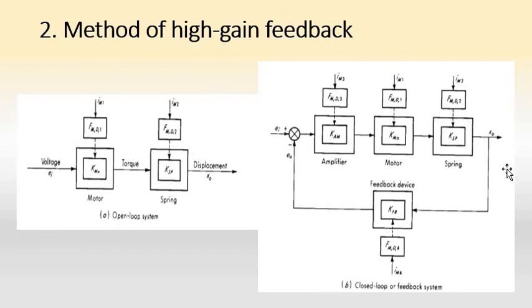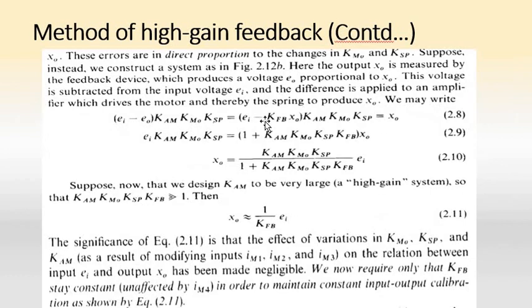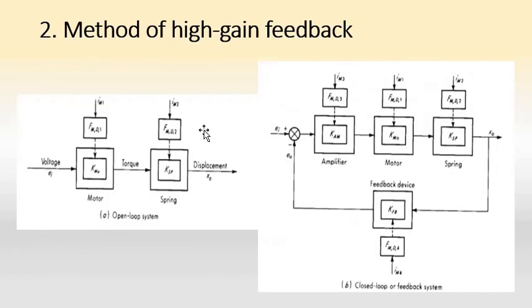So how is it possible? Let us see. Here in the high gain feedback system, we have given the feedback x naught, and we have generated another output voltage E naught, which is subtracted from the input EI. So we get the relation EI minus E naught, which is then multiplied by all three gains, KAM, KMO, KSP.